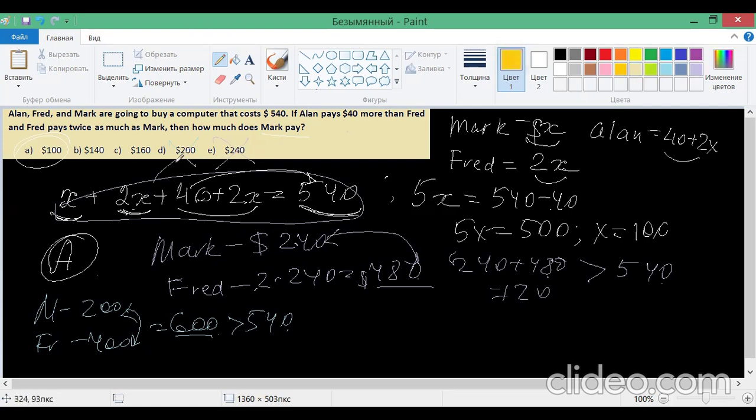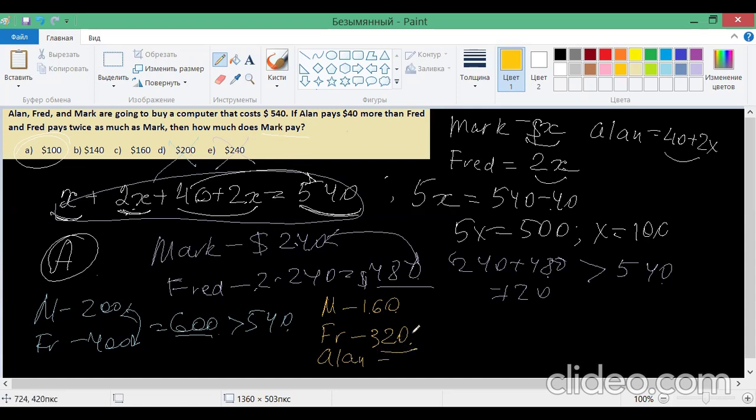Let's take a look at option C. So Mark gives $160, right? And Fred, in this case, gives twice that number. It means 320, right? So if we add, we got 480, not enough to buy this. Okay. But in this case, Alan gives 40 more than this amount.